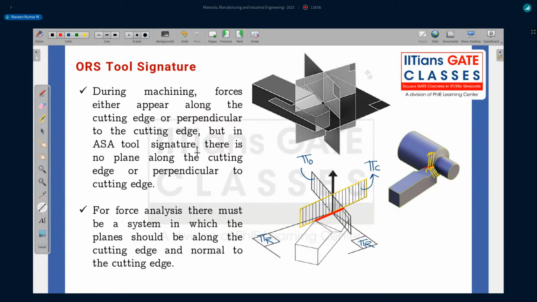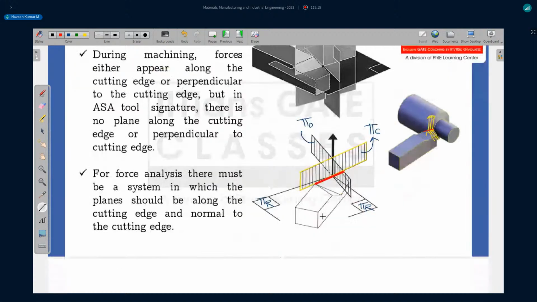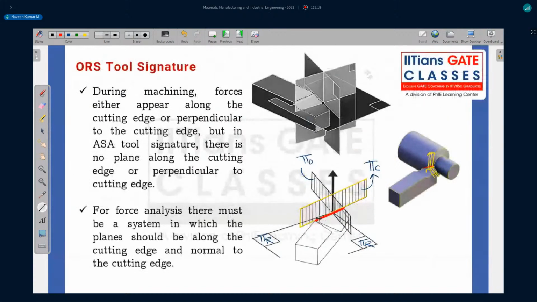In the previous section, we did the reference planes pi R and pi X. But here the visualization of angles is difficult, but the force analysis and the rest of the parts are very easy. Okay, so that is where I'm going to stop for today.